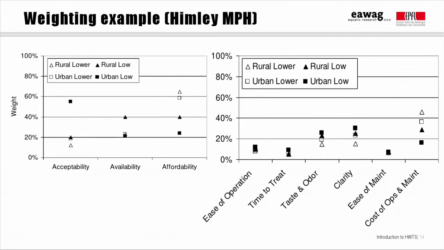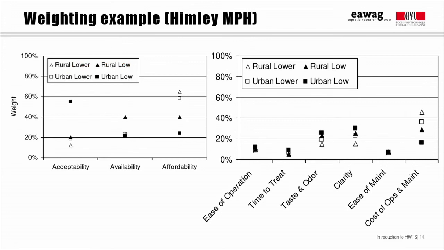From that same thesis, here's an example of weighting. The 3 main criteria were assigned different weights, always summing up to 100%, for different contexts: urban and rural, lower and low income settings.